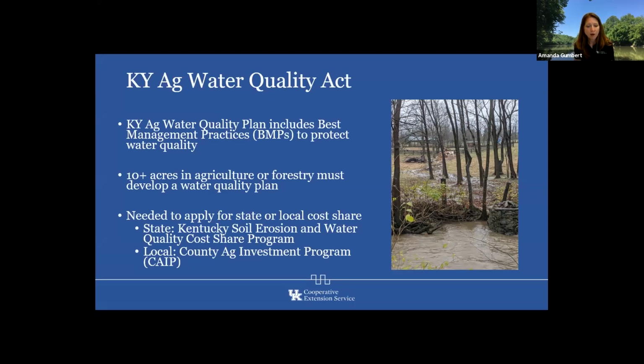And then also we have our CAPE program, which is our County Ag Investment Program. And some of those practices are more production oriented, but some of them also can be dovetailed with conservation. And so those two programs do require that you have an updated ag water quality plan, but everybody by law needs to have a plan.